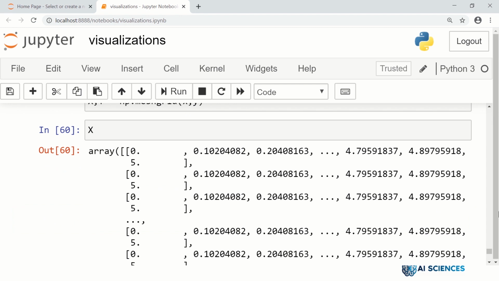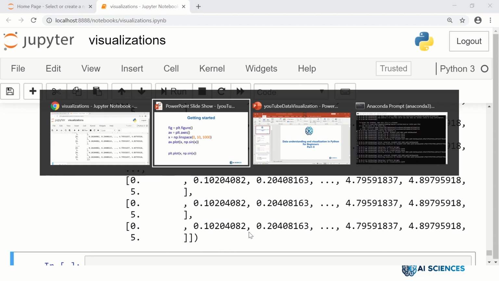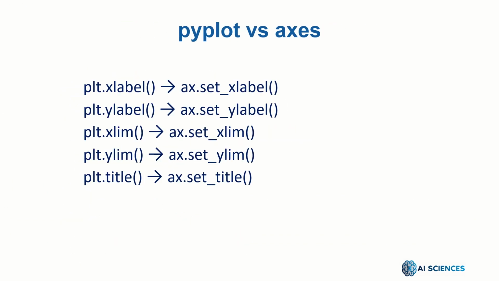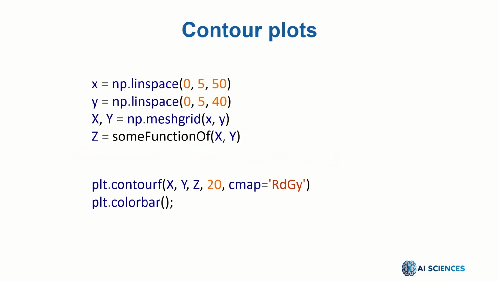Let me give you the idea of mesh grids. Let's say x is 1, 2, 3, and 4, just 4 points in x, and y is 0, 2, 8, and 7.